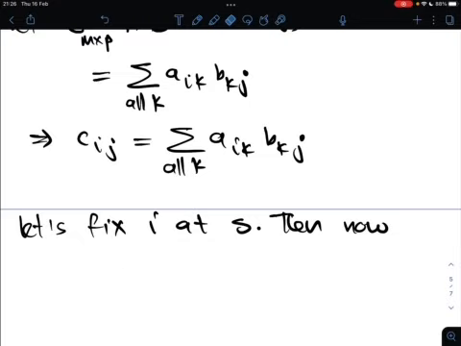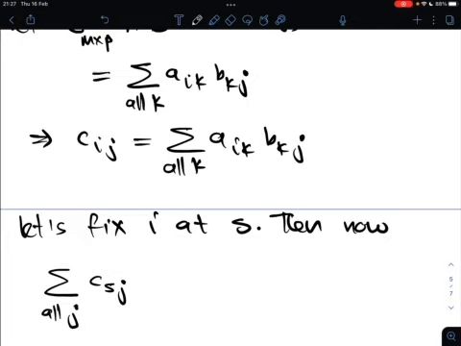Remember, we want to prove that the sum of all the entries along a particular row is equal to 1. So we will fix ourselves at s, but we will then add everything along that row. You see that? So how do we write that down? To write that down, we will find the sum of C_sj for all j.